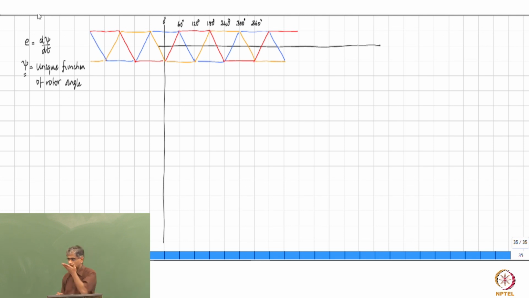Now, if this is going to be the case, given the fact that the induced EMF is d psi by dt, what will be the waveform of flux linkage?